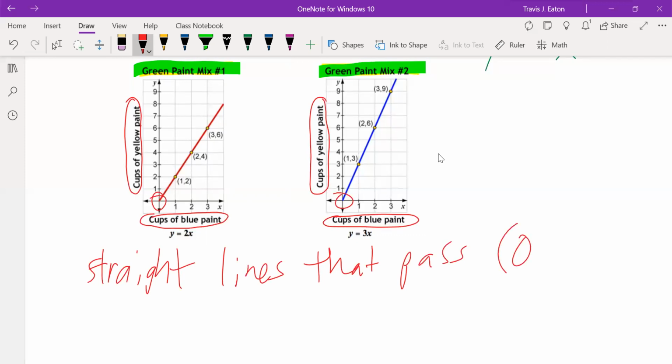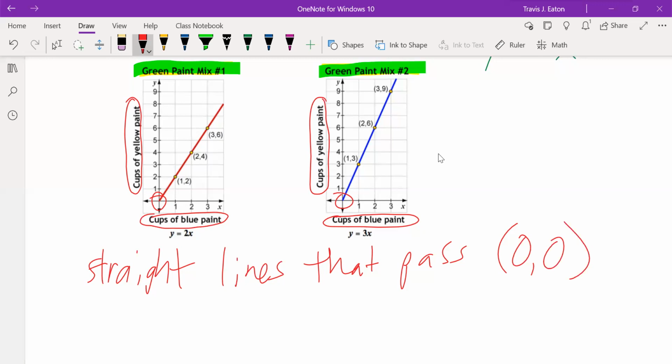They go through 0, 0. Because they're straight and they pass through the origin, that tells you right now that these lines represent proportional relationships. Anytime you look at a graph, you can see there is a proportional relationship.